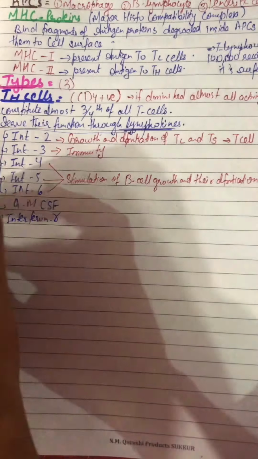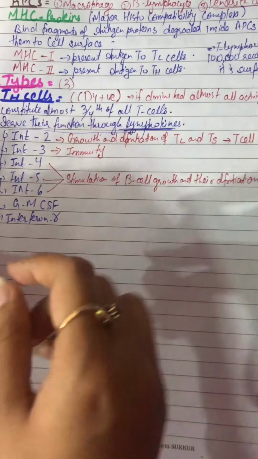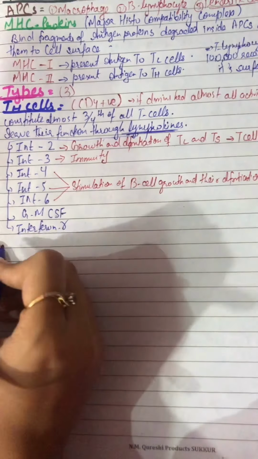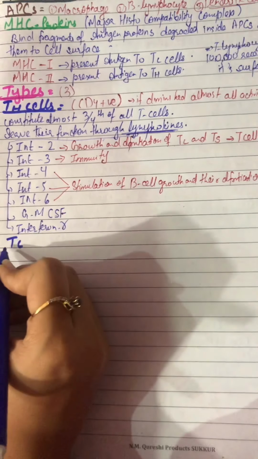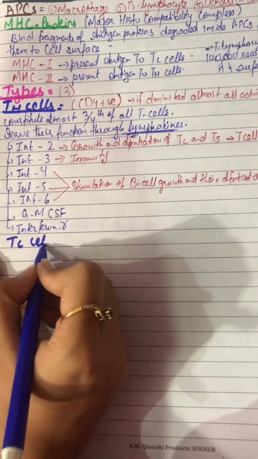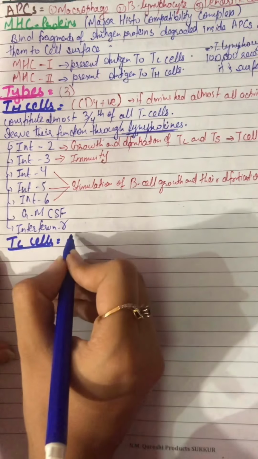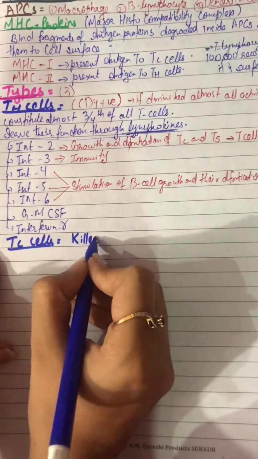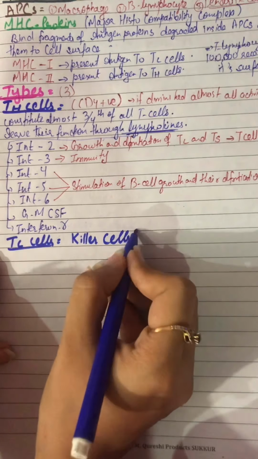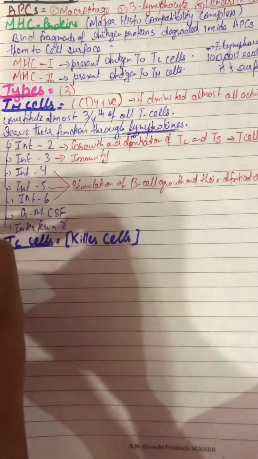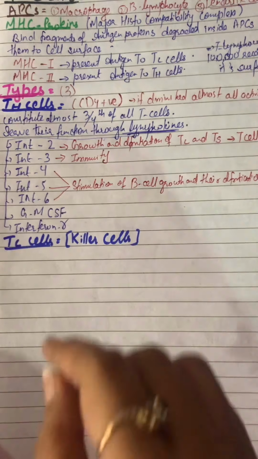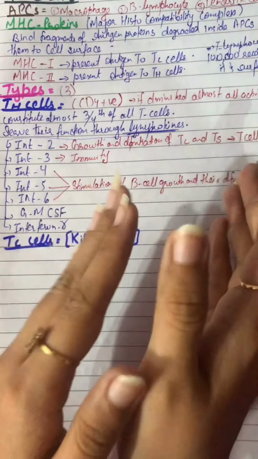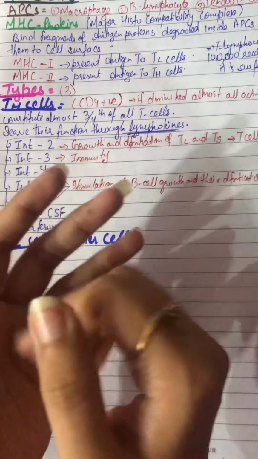Right? So the next type of the T cells is TC cells or cytotoxic cells, which are also called the killer cells. Right, so these cells have a direct attack on the microorganisms.